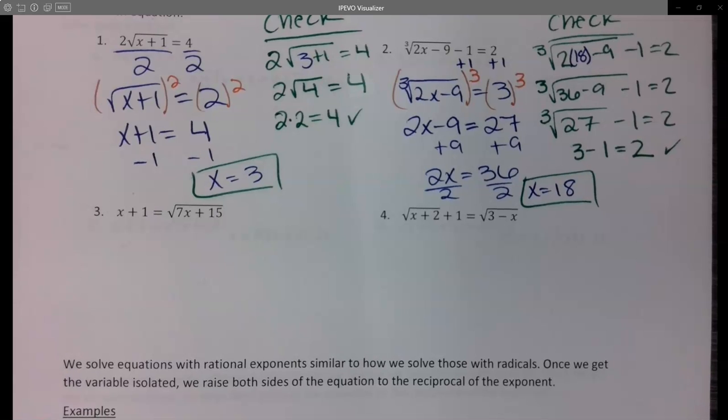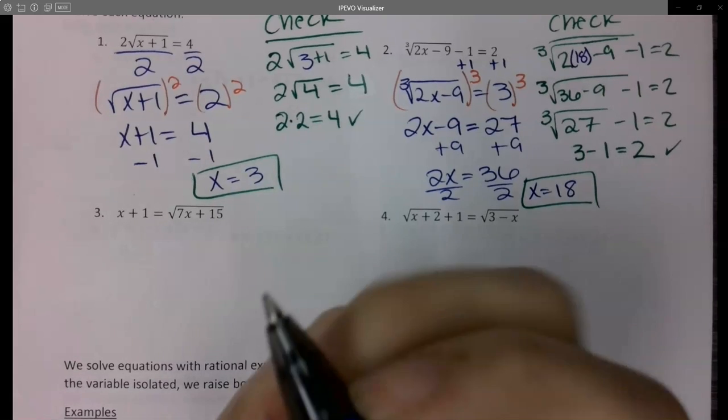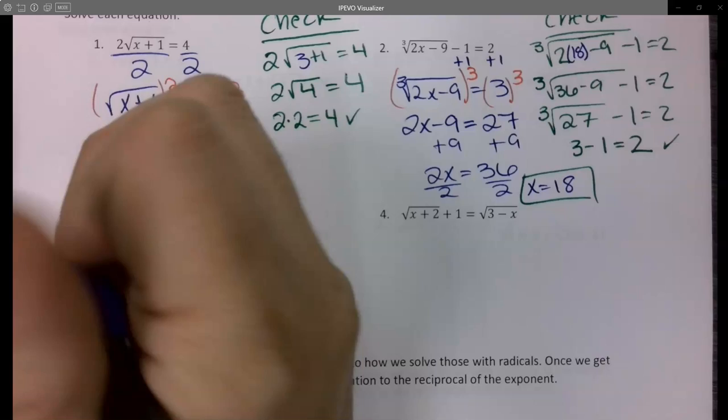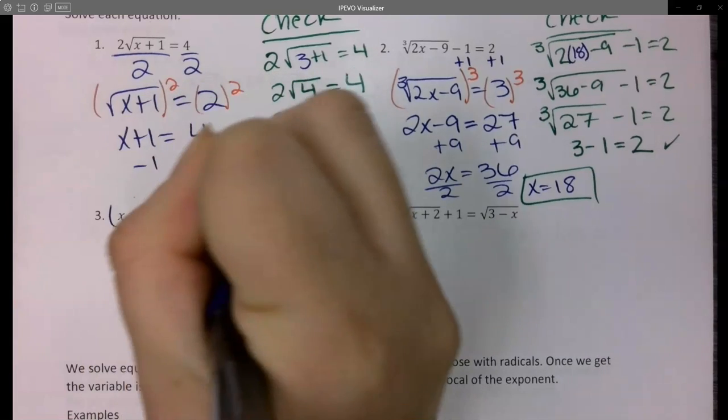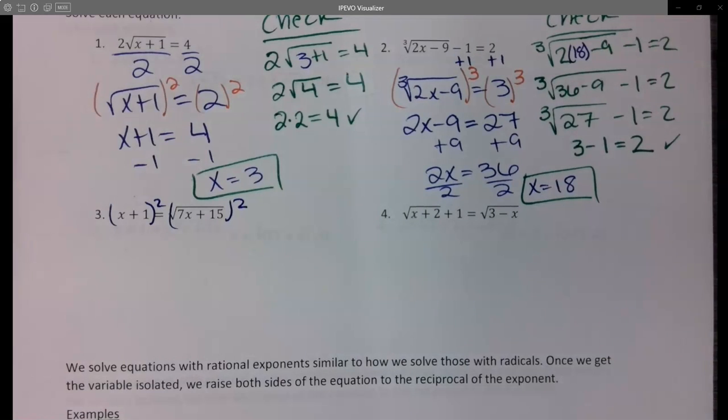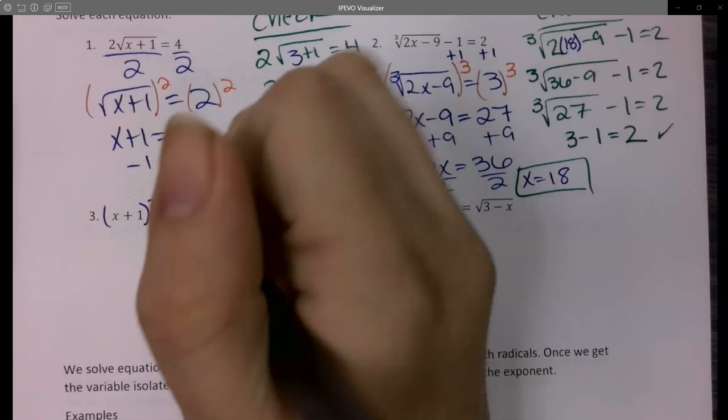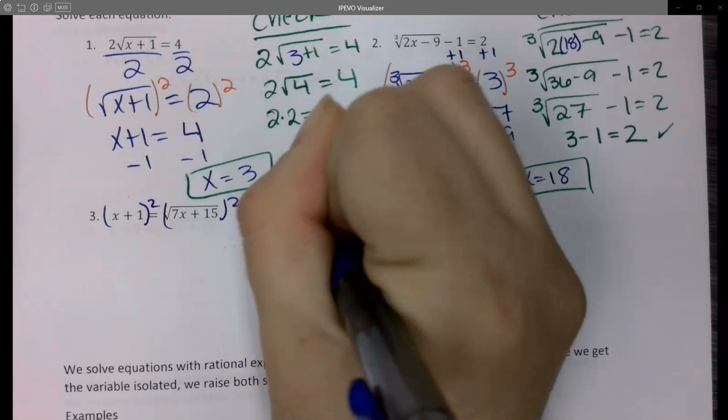So on number 3, I want to again solve. This time the radical is alone, so I can go ahead and square both sides. What I'm really doing right here is x plus 1 times x plus 1.